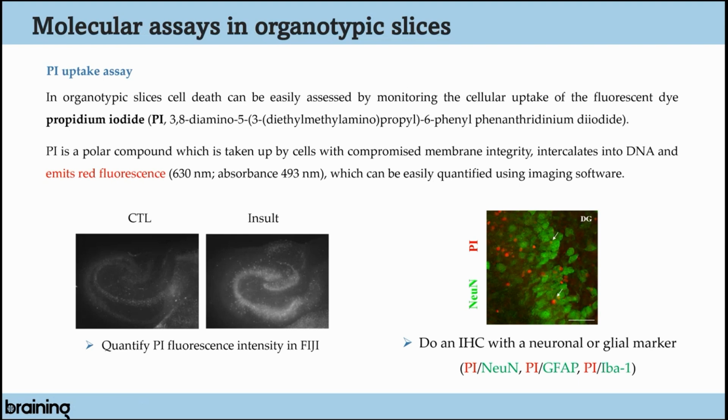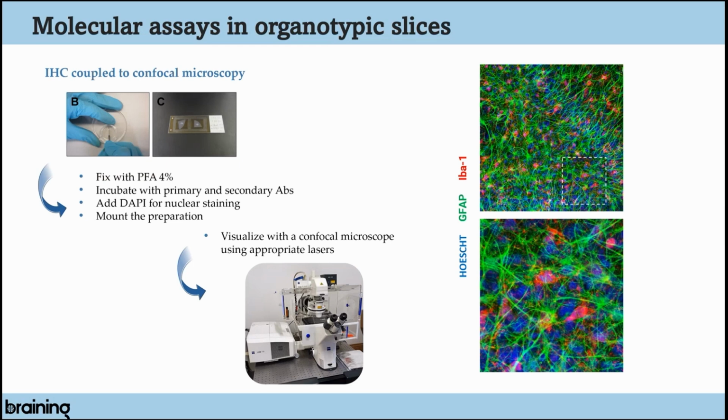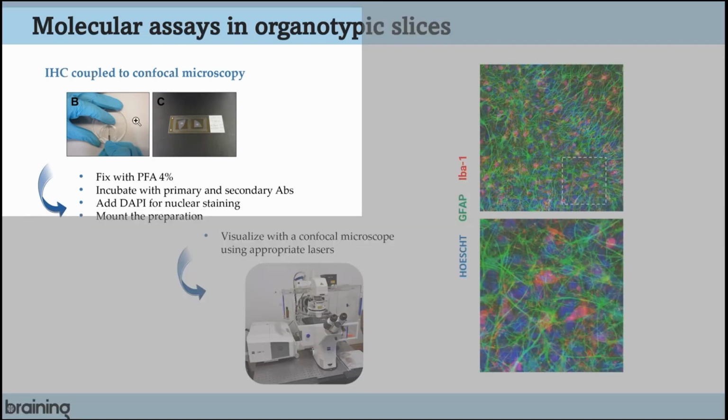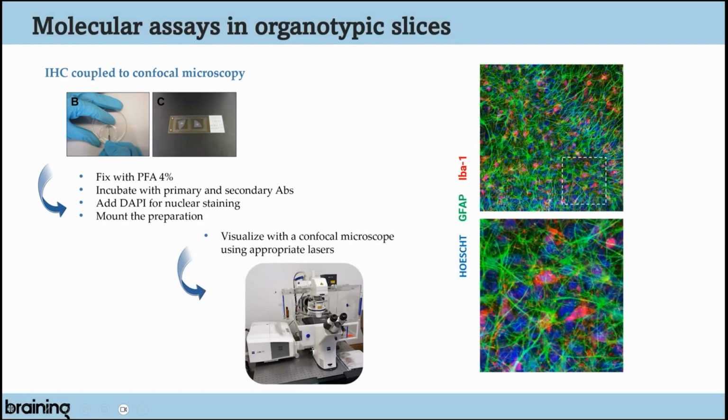Okay. Besides that, just a particularity. So in immunohistochemistry in organotypic slices, the way I do it, I know there are people that do it in different ways. Usually you have the slices in this insert.